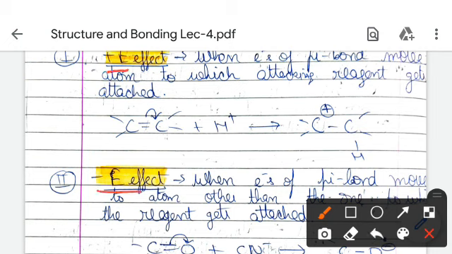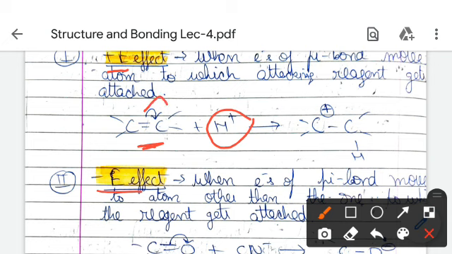Plus E effect means when electrons of the pi bond move to the atom to which the attacking reagent gets attached, that is, if the attacking reagent gets attached to this multiple bond, meaning double or triple bond.